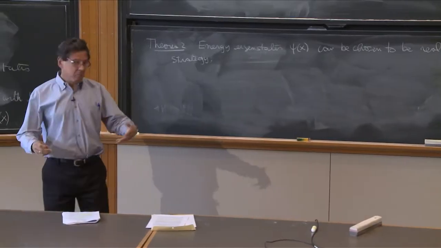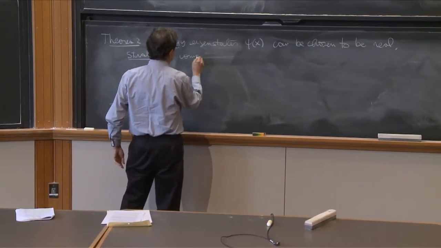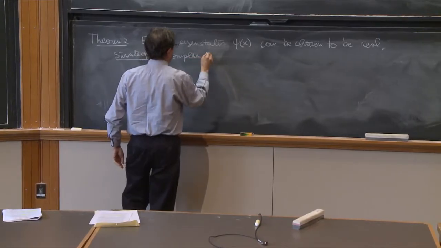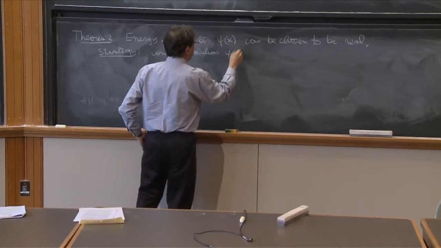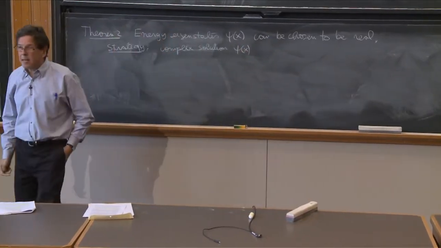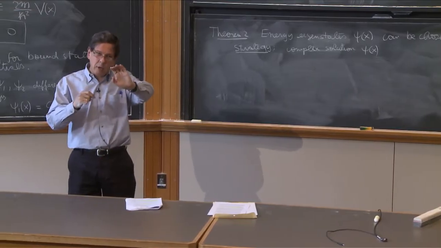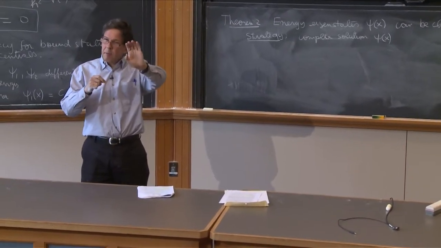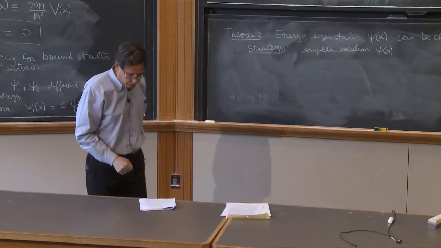You get a complex solution, psi of x, and then you go about to prove that actually this complex solution implies the existence of two real solutions.